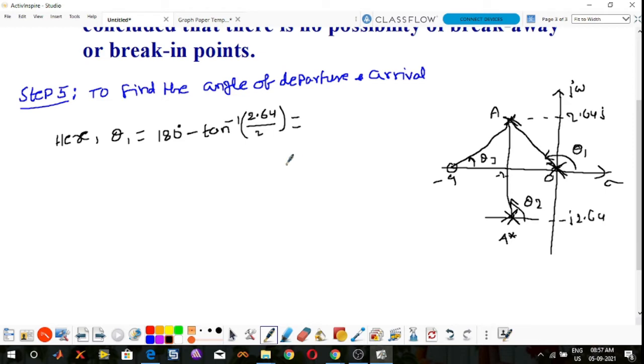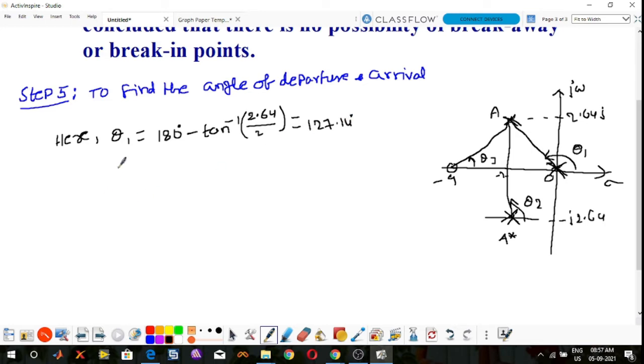In your calculator, first set degree mode. After that, 180 degrees minus shift tan inverse of 2.64 divided by 2, which is 1.32, tan inverse of 1.32. So we get 127.14 degrees, the angle theta 1.